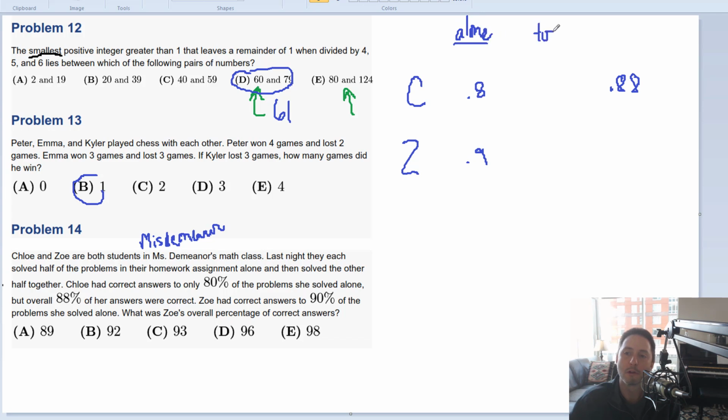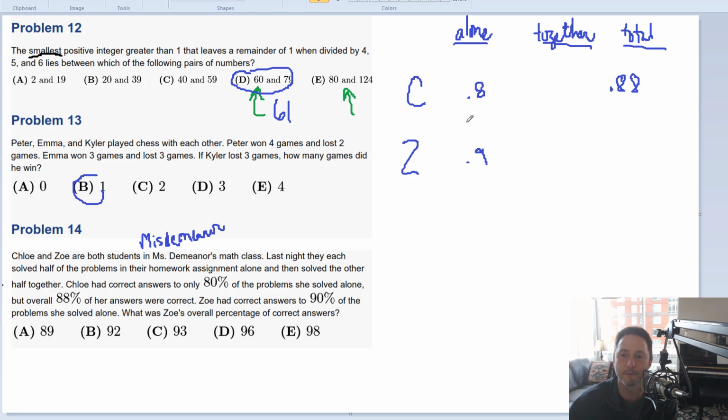Alone and together, they did better together. 88%. So we're missing a few other things here. Together, and this is total. Okay, well, we know this is half.